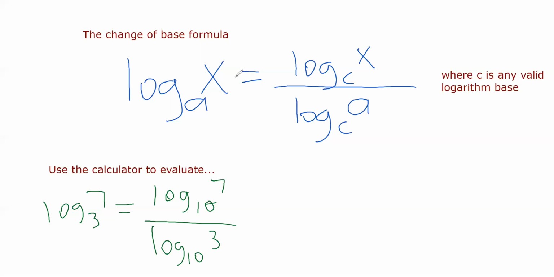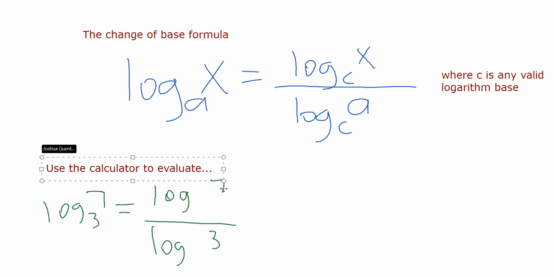And then remembering that the log button on your calculator is the common log, it automatically has a base of 10. You don't even have to put the 10. It's just log of 7 divided by log of 3. Now your calculator will put parentheses around that. Make sure you close off the parenthesis on the 7 before you hit the division key.